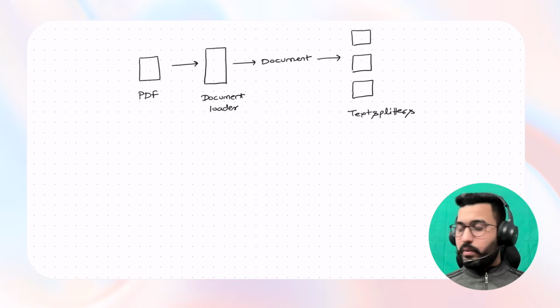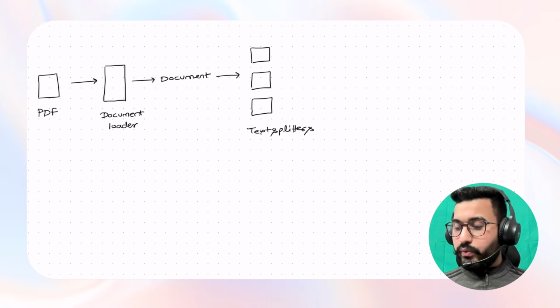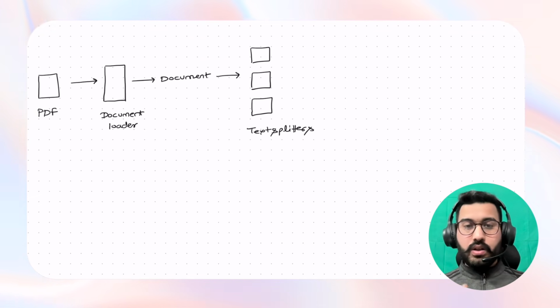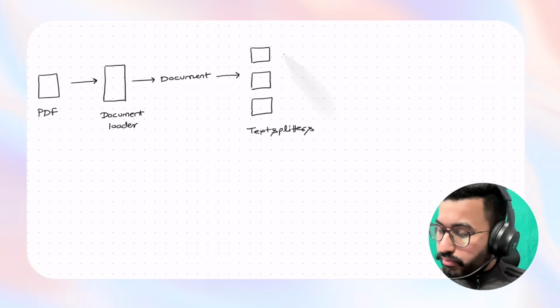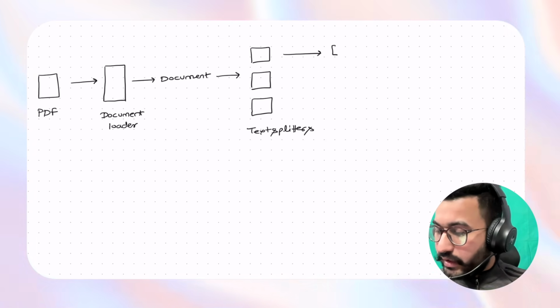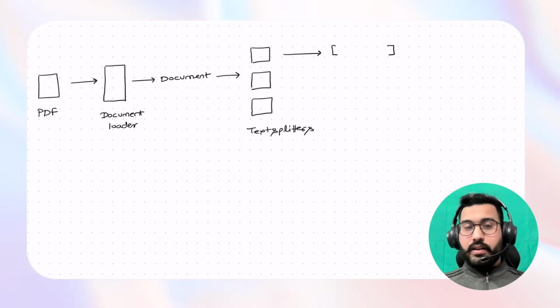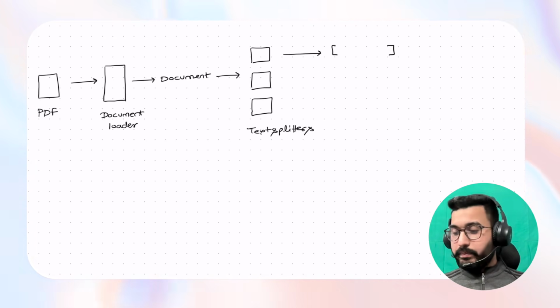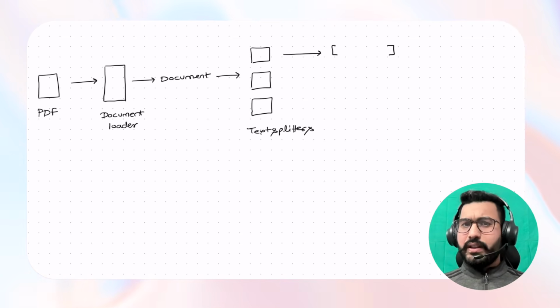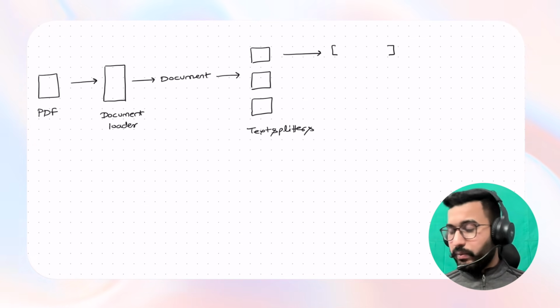Once we are done with this, now we need to convert these chunks, which is nothing but a group of text, into a vector. We have already talked about this process, so I will not go into the depth of why this is required.